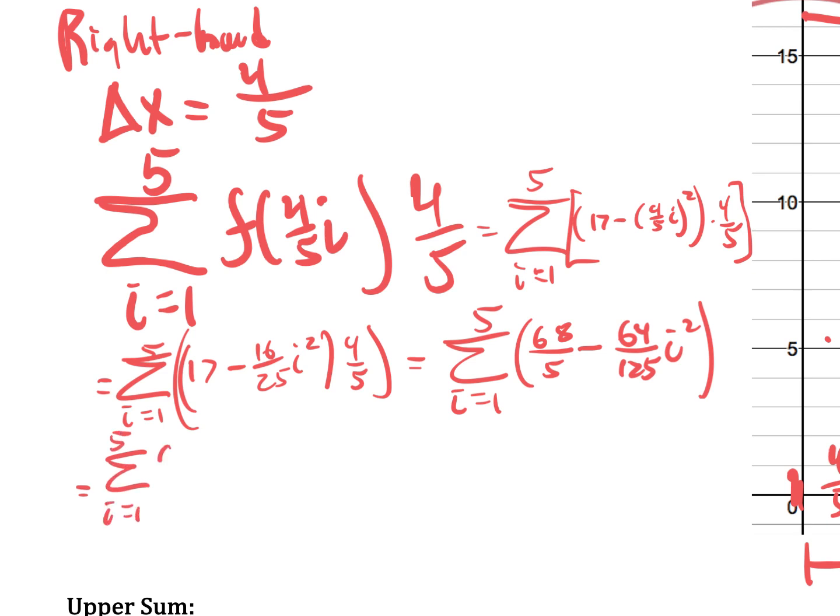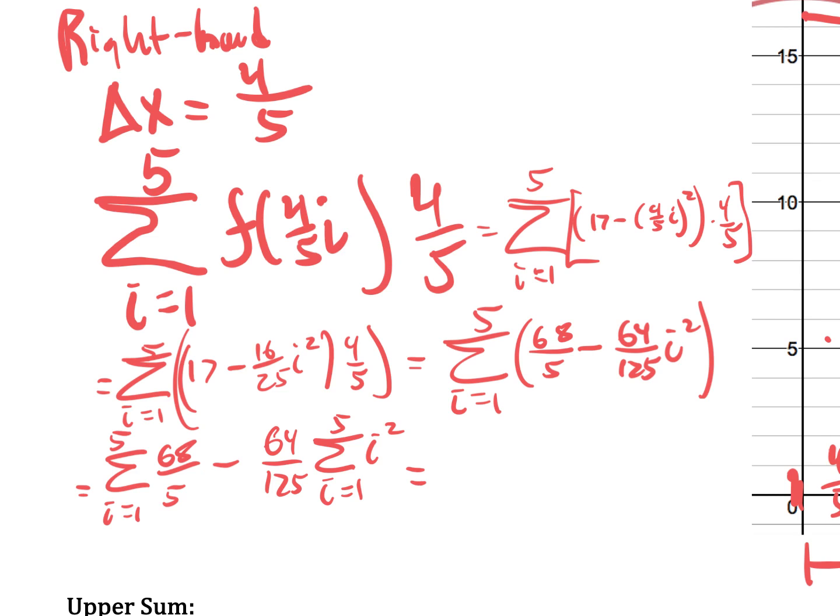We're going to split this into 2. 68/5 minus the sum of 64/125. Now, actually, let's do 2 for 1 here. Okay, let me back this up. Since it's a constant times a function of i, we can pull that constant out. So let's write that as 64/125 times the sum from 1 to 5 of i squared. Okay, we're getting close.